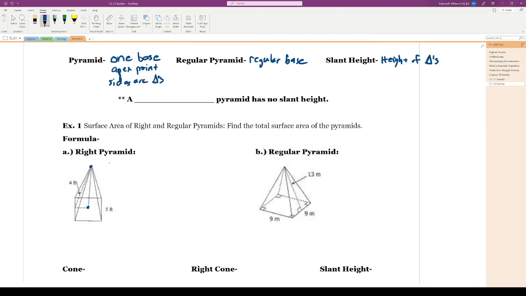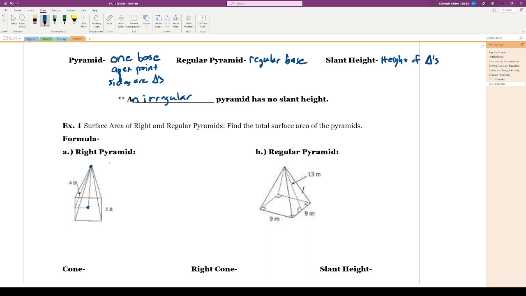And then I put an irregular pyramid has no slant height. So slant height is relying on the height of that triangle. And if all the triangles aren't the same, then you're not going to have a uniform slant height.